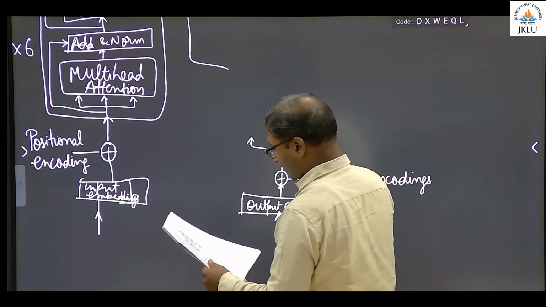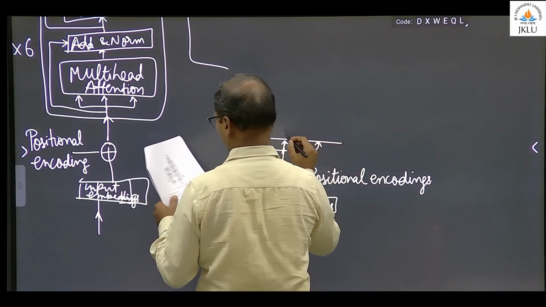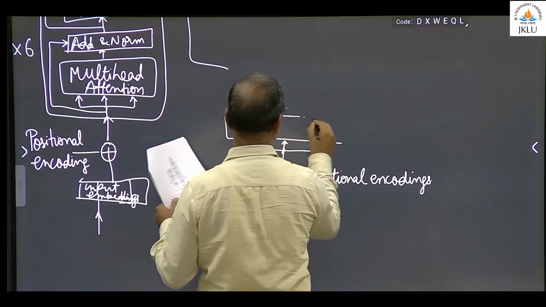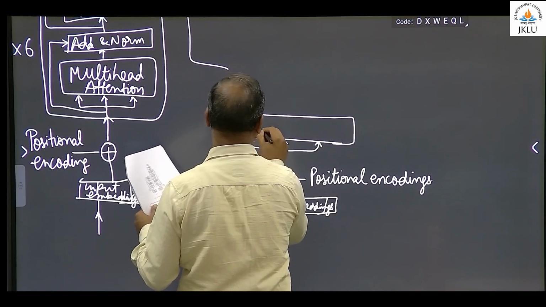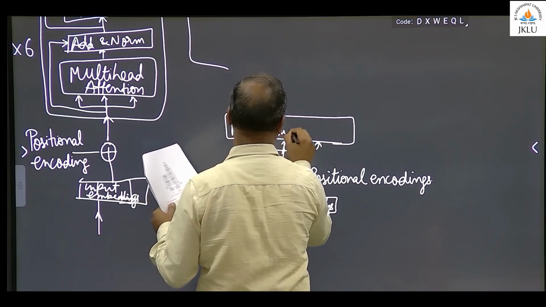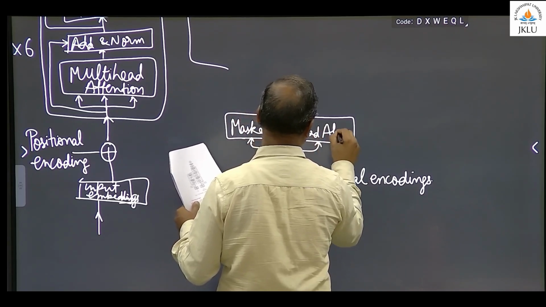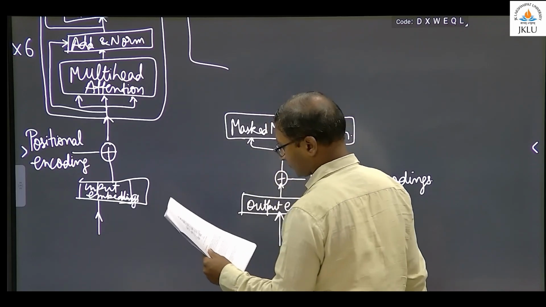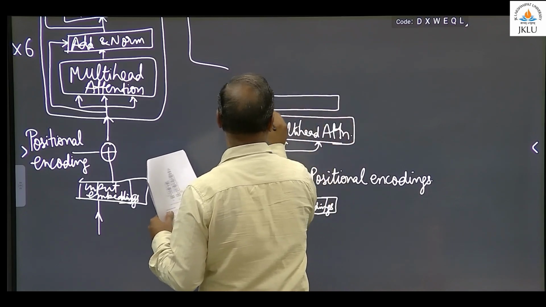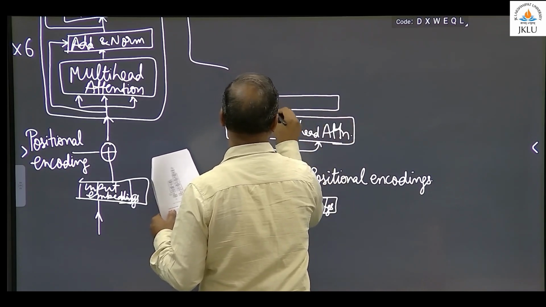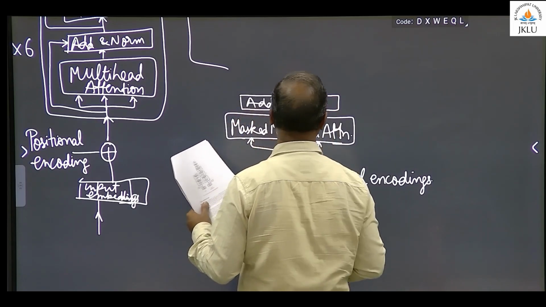So this is fine. Now we had something called masked multi-head attention. Okay. Then again you have add and norm.